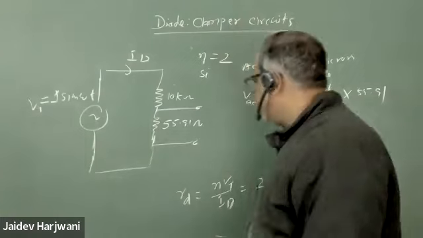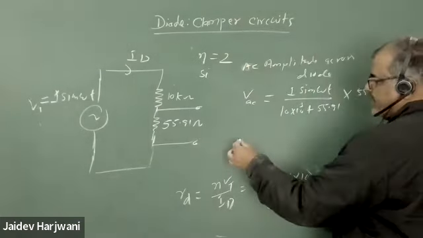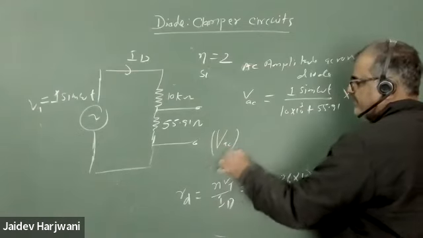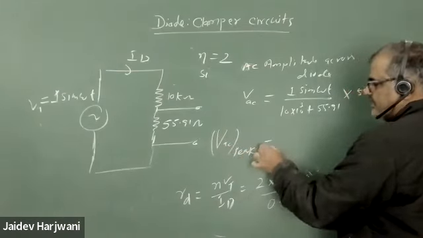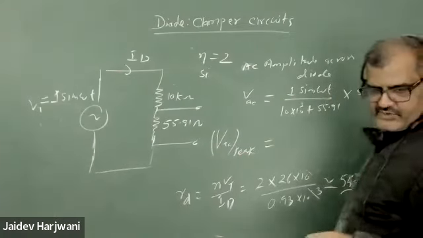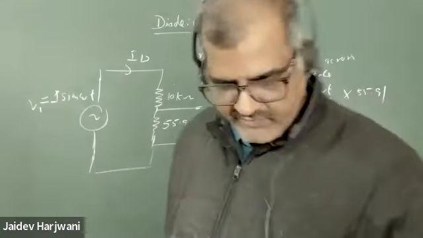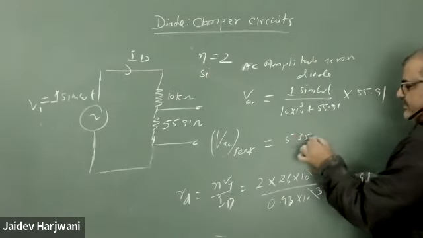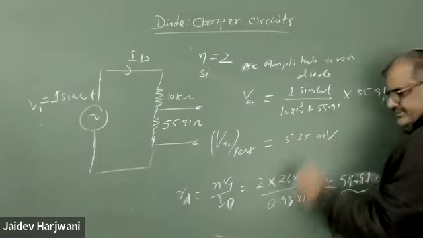If you want to find the peak value of this VD, then you can remove the sine and solve this, and this should come around 5.35 millivolt.